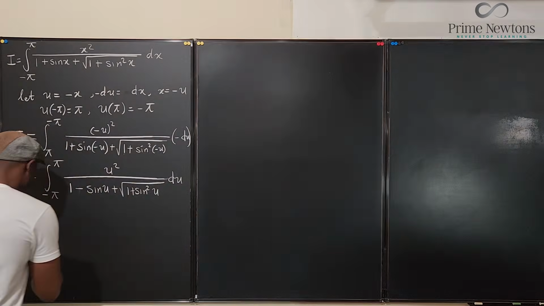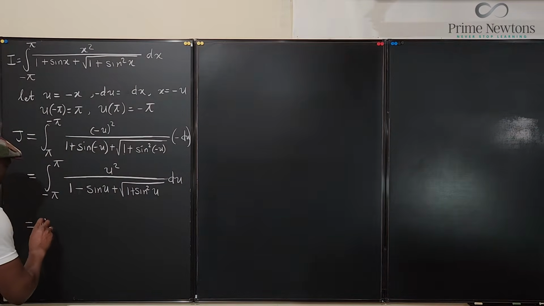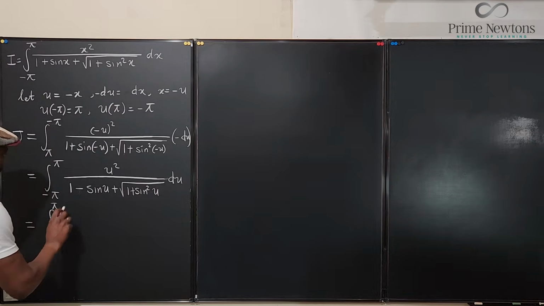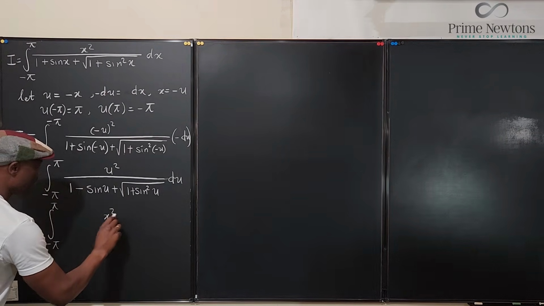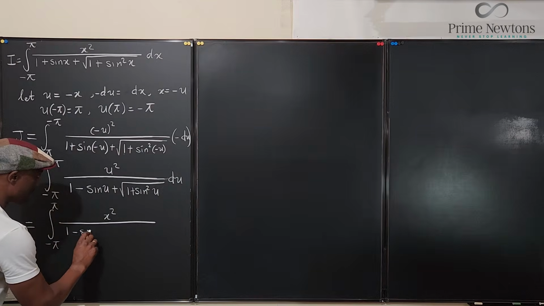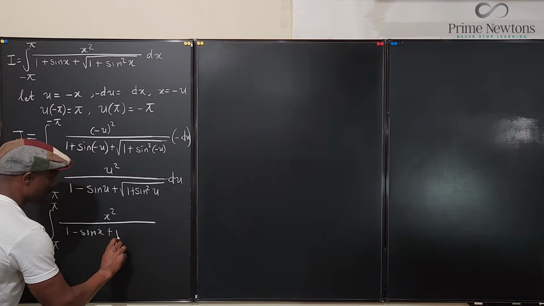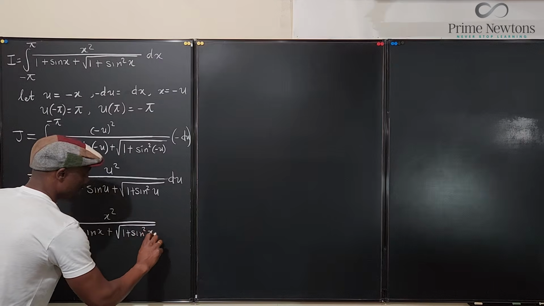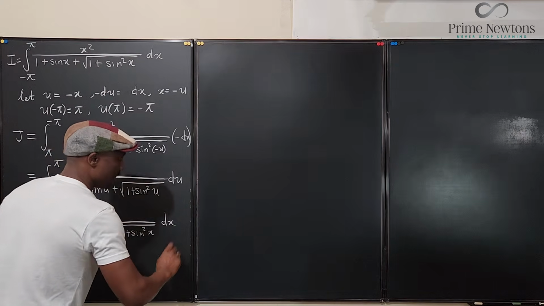So by renaming, what we have is the integral from negative pi to pi of x squared over 1 minus sine x plus the square root of 1 plus sine squared x, dx.